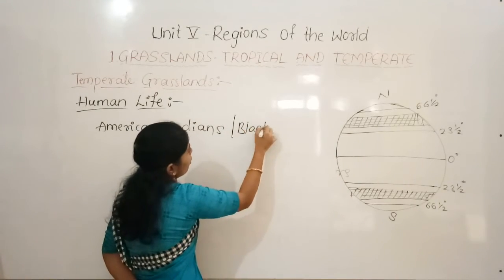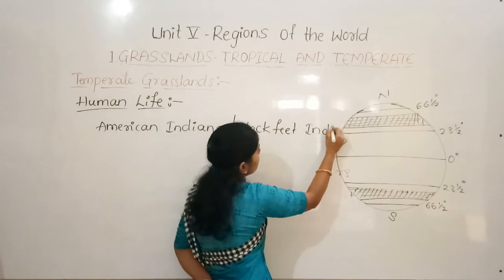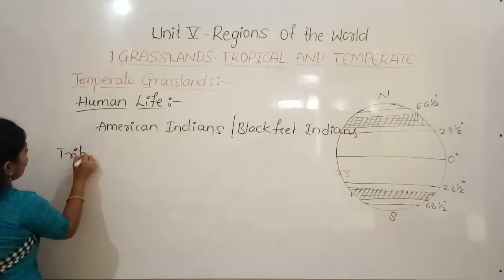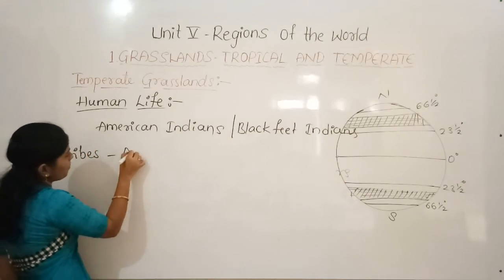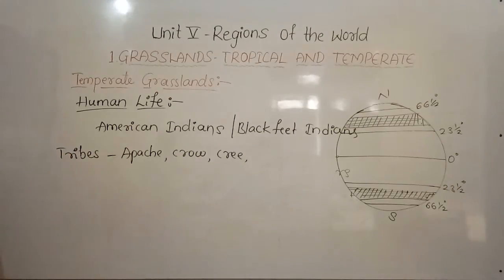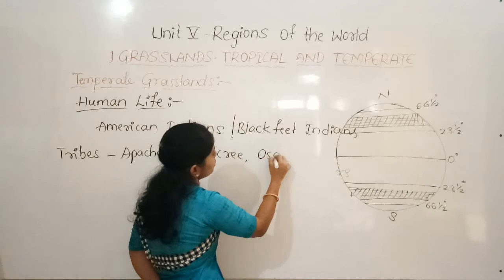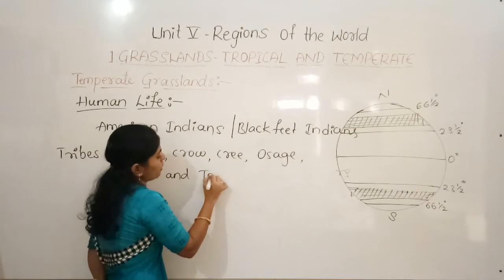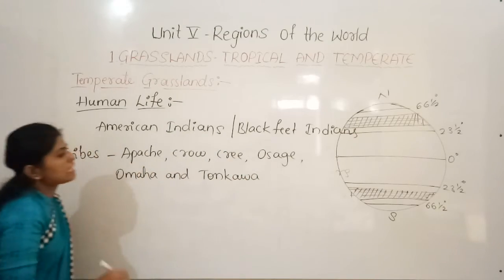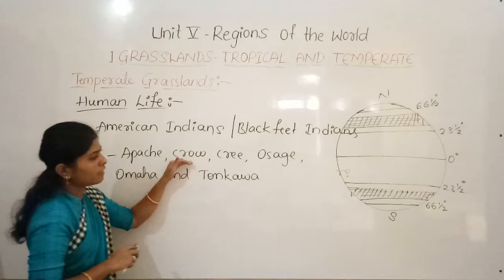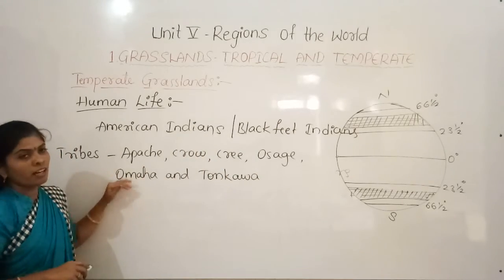And other tribes are also there: the Apache, Crow, Cree, Osage, Omaha, and Tonkawa.